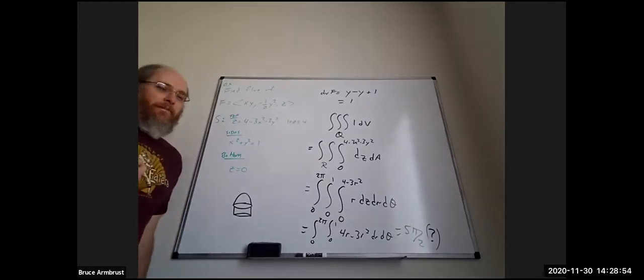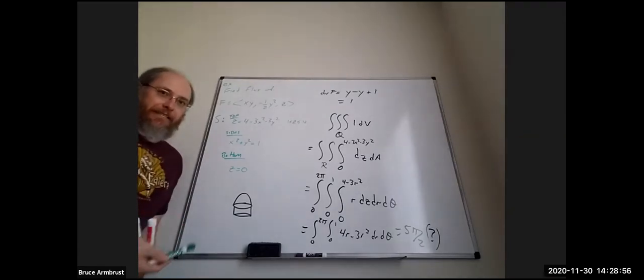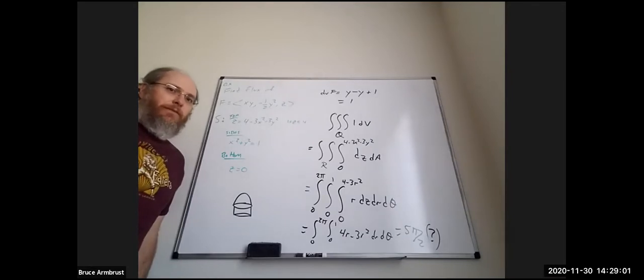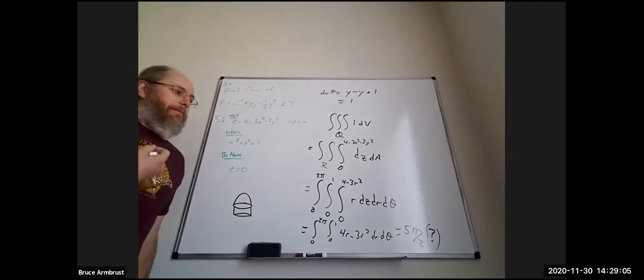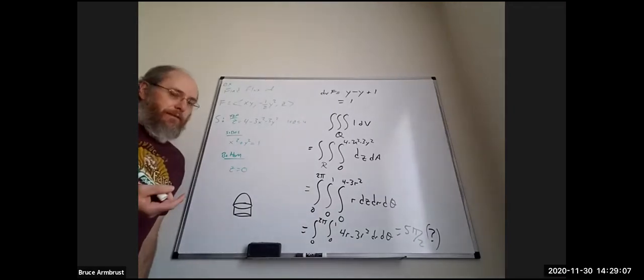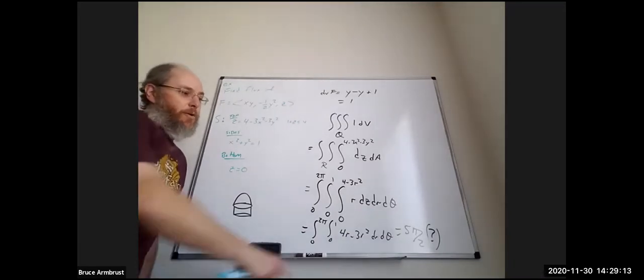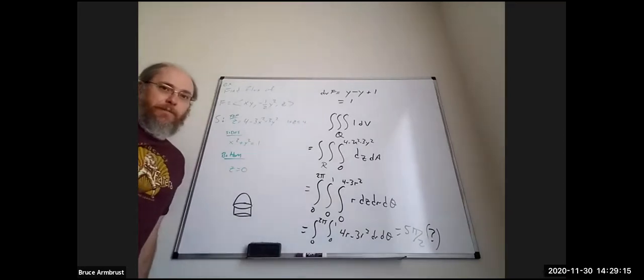So now that you've seen how fast and easy it is, let's talk a little bit about what that number means. Kind of relate that back again. Flux, remember, it's a measure of flow through the surface. And so we got a positive number here. So what does that mean?